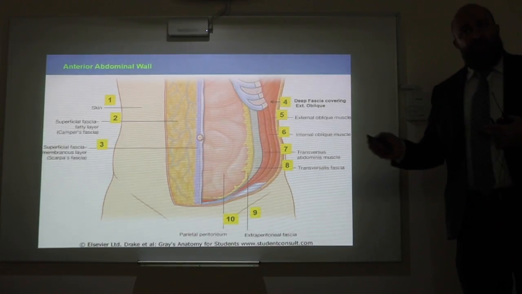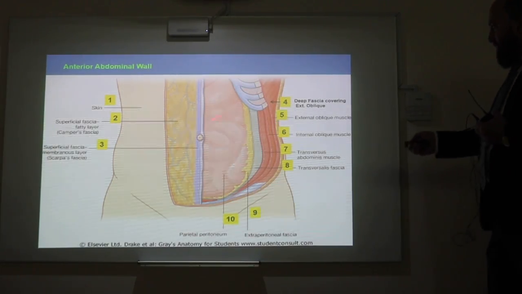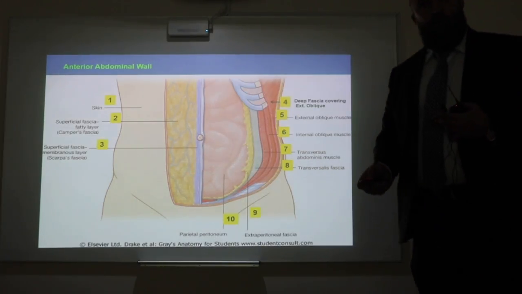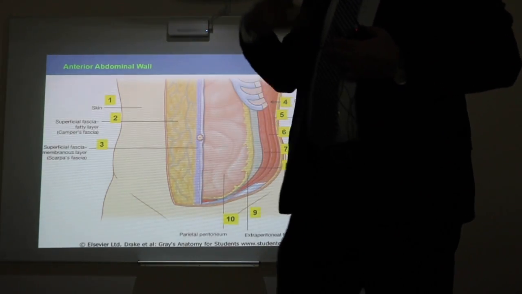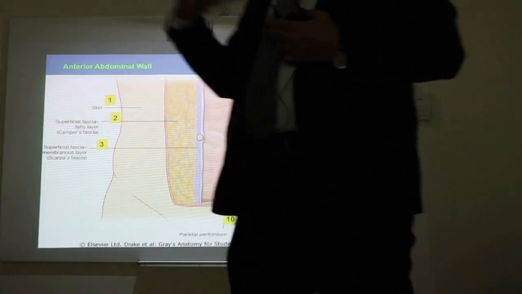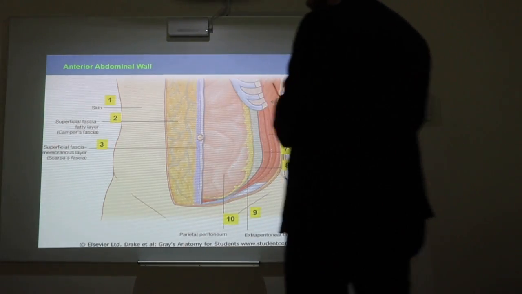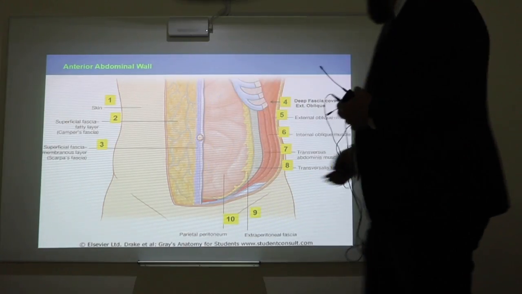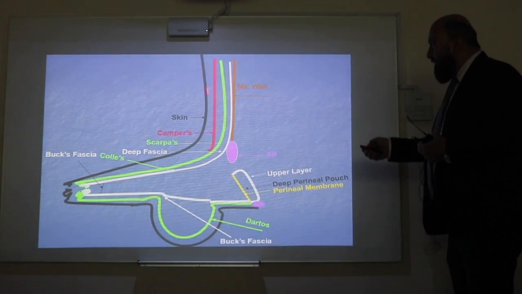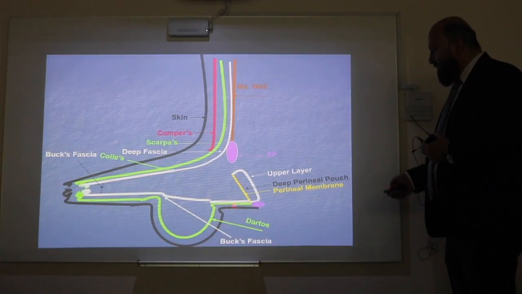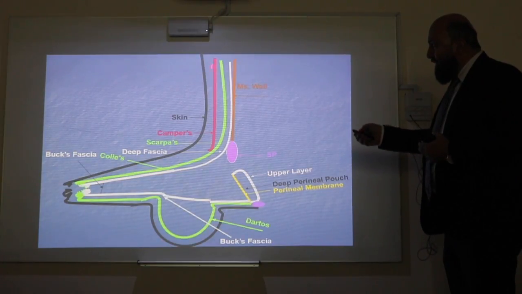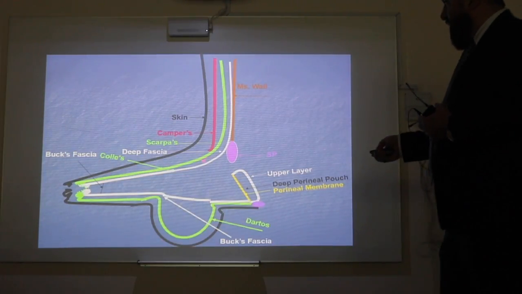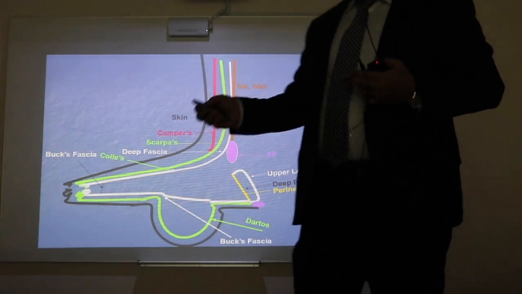You remember this from yesterday? The layers of the anterior abdominal wall: skin, underneath that is Camper's, underneath that is Scarpa's, underneath that is the deep fascia, right? So what's going to happen to that? Skin will continue as skin, and then Camper's will stop at the level of symphysis pubis.